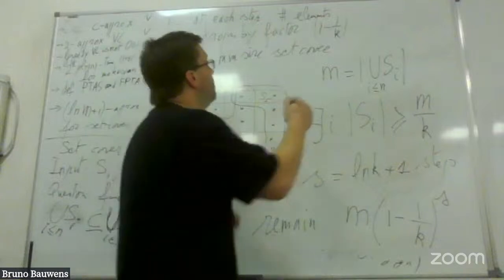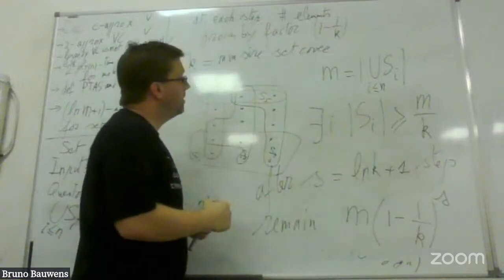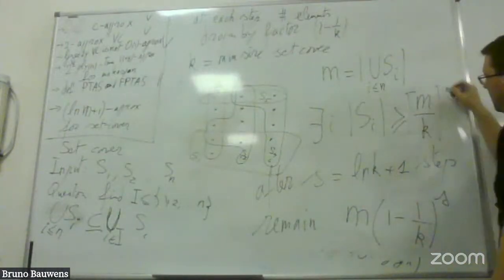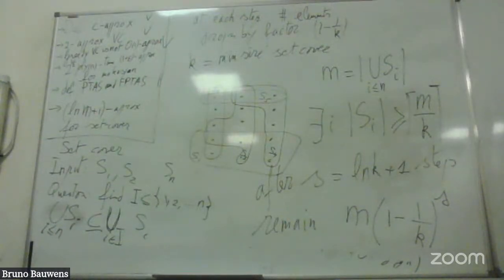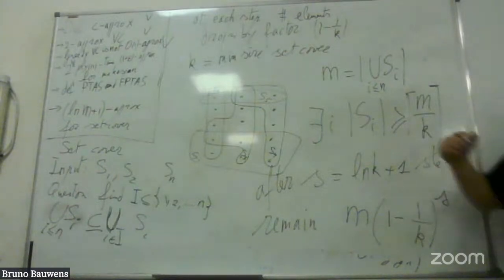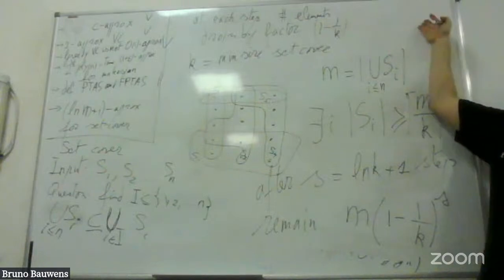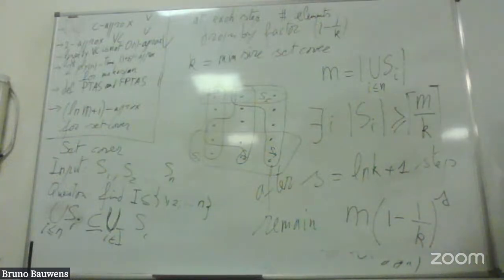Why do we get this factor 1 minus 1 over k? It's the elements we have minus the elements we take. Yes, it's true.